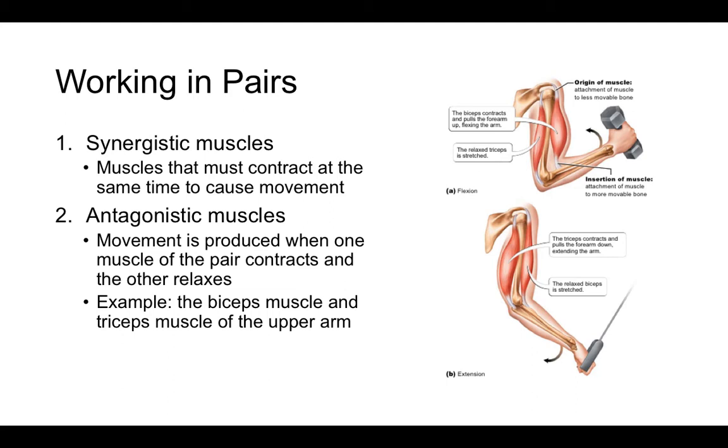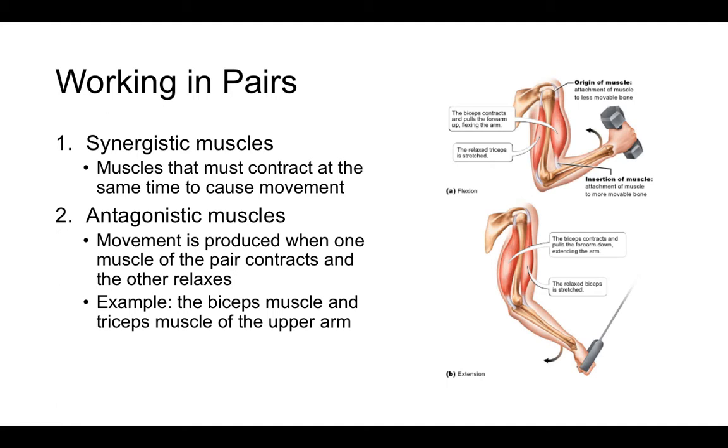The biceps and triceps are also a great example of antagonistic muscles, as you can see here. The biceps, the origin is up here on the acromion process of your clavicle, and the insertion is down here on the radius. Now, the biceps contract to move the radius towards the humerus. The triceps, however, the origin is up here on the coracoid process of the scapula, not the clavicle.